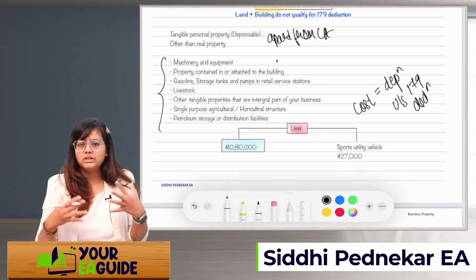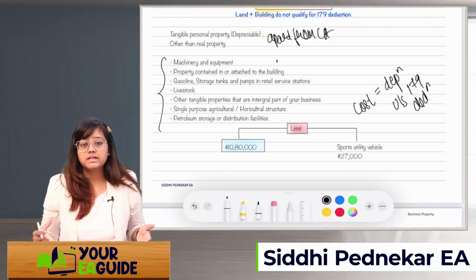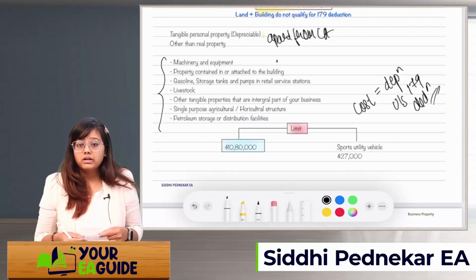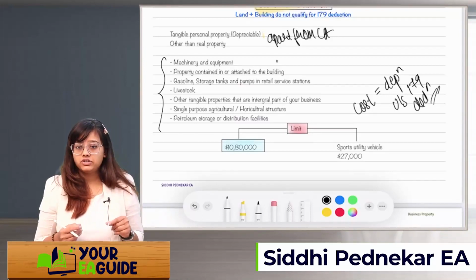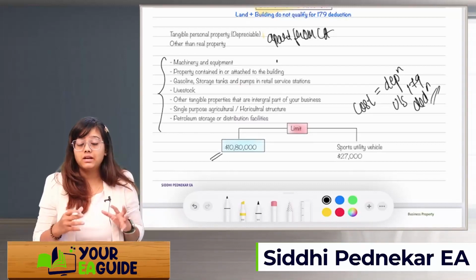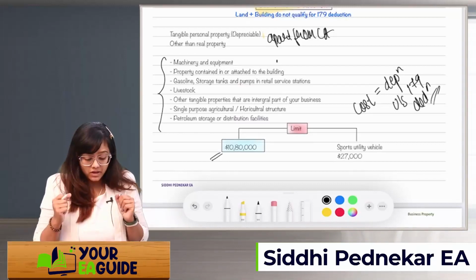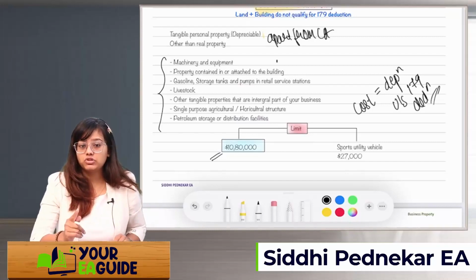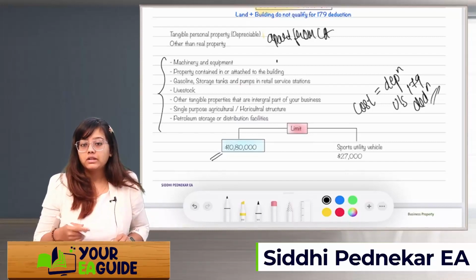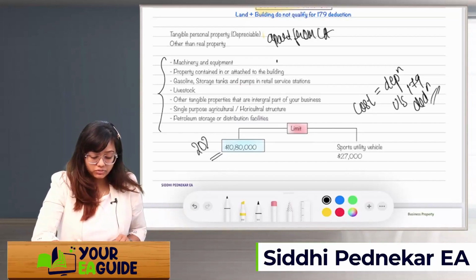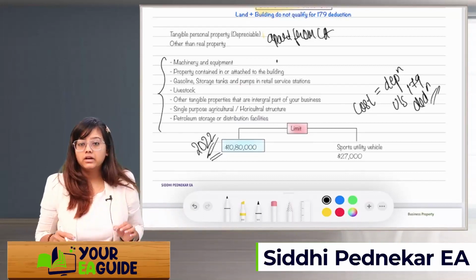Overall, for all the assets, if you have purchased many assets in the year, you can take 179, no issue. But that 179 deduction should not be more than $10 lakh 80,000. It should not be. There will be one MCQ which will straight away ask you the limit, that how much will be the 179 deduction for year 2022. It is 10 lakh 80,000.